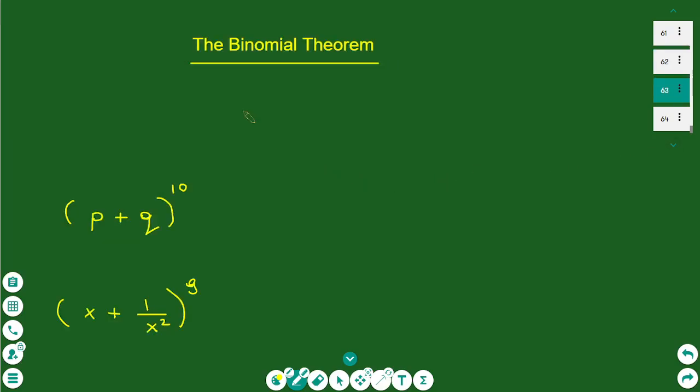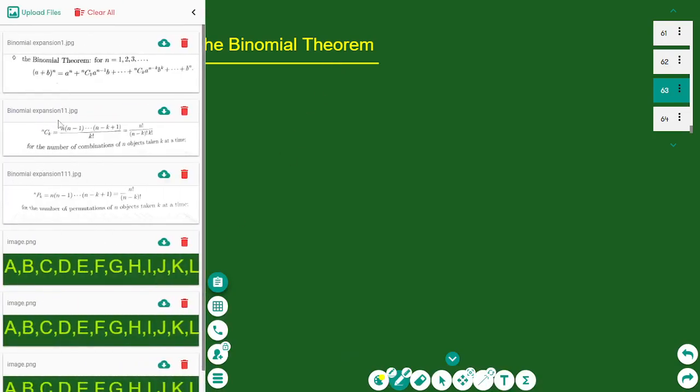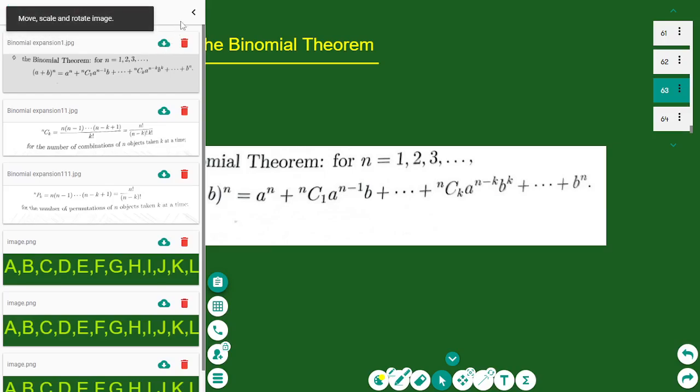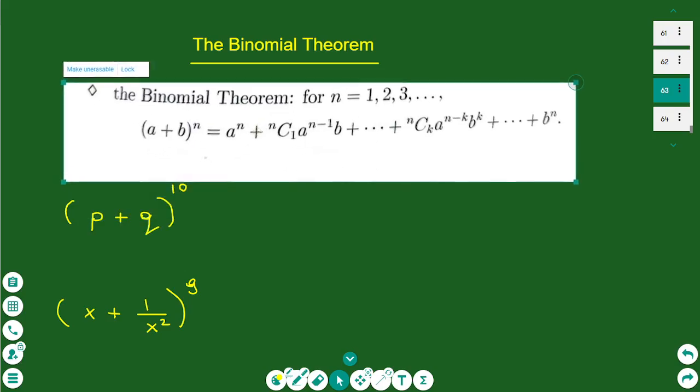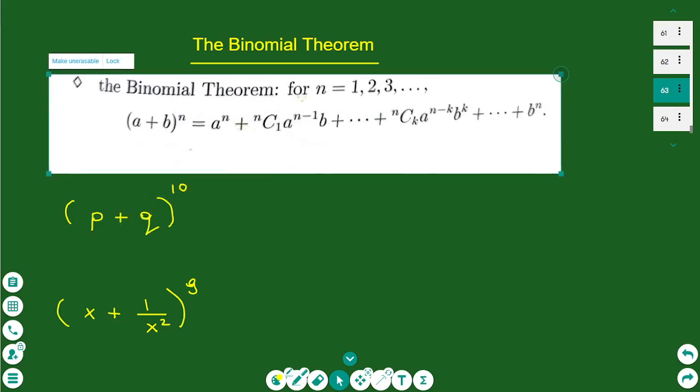And now I'm going to do the binomial theorem. For the binomial theorem, we use this expansion, the bracket to the power of n. (a + b)^n is equivalent to a^n plus C(n, 1) a^(n-1) b, and so on.